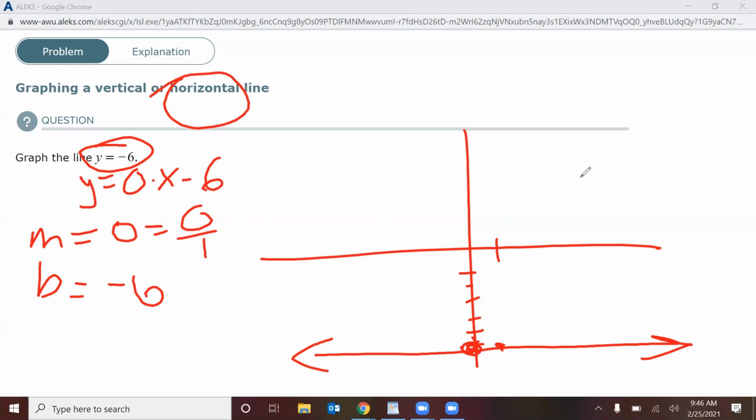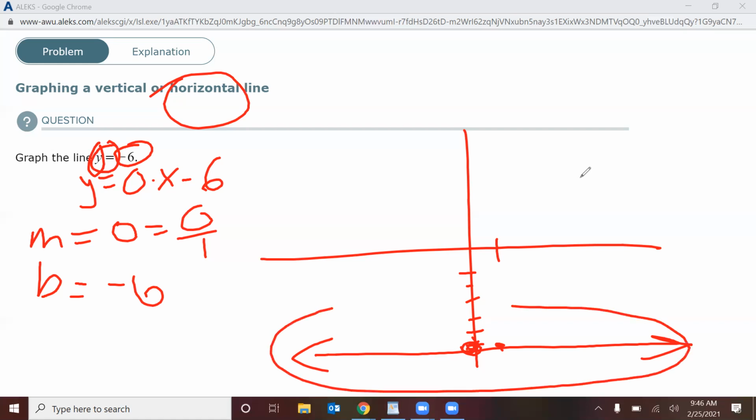And what this equation says is our height is always -6. It never changes because there's no x. And so we draw a line such that the height of the line is always -6. It's always 6 feet below the x-axis. Let's try one more of these.